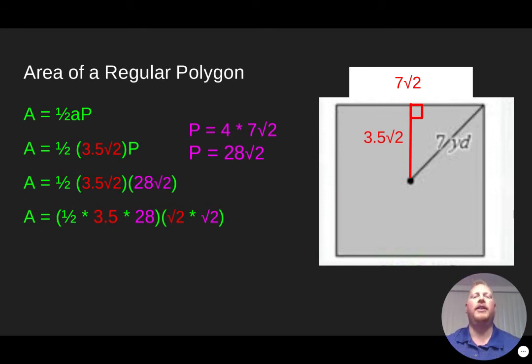So basically everything that's outside the square root of 2, multiply. Everything that's underneath the square root, multiply. So when I do that, 1/2 times 3.5 times 28 is 49. Square root of 2 times the square root of 2 is the square root of 4, which is 2. So then I just multiply and I get my area is 98 square yards.